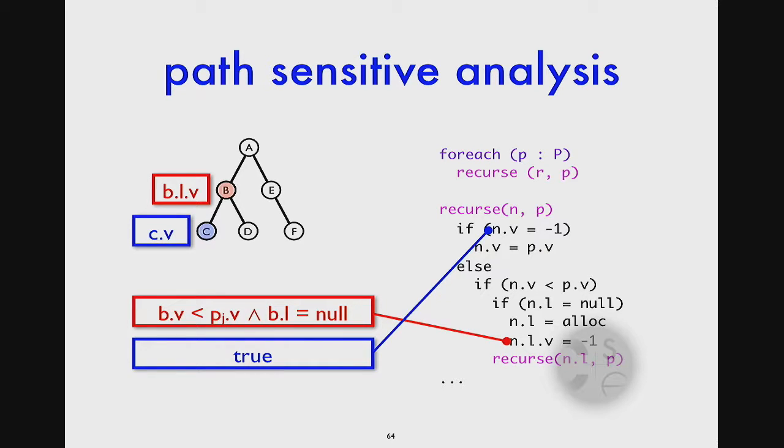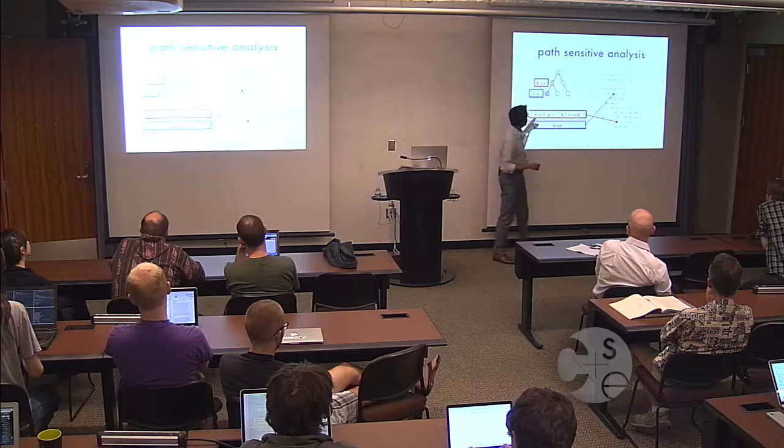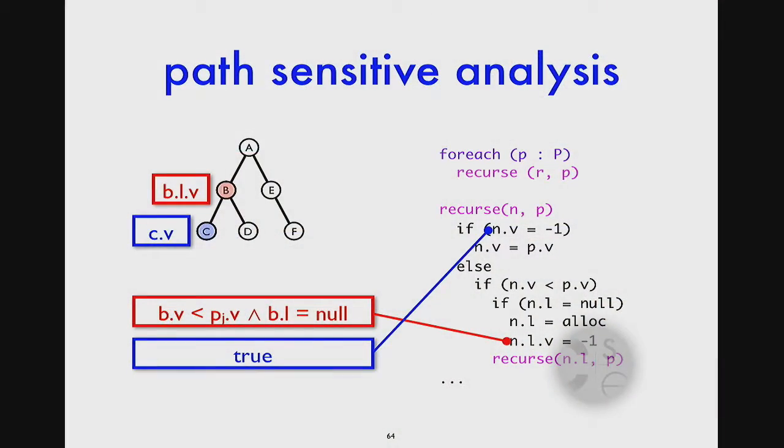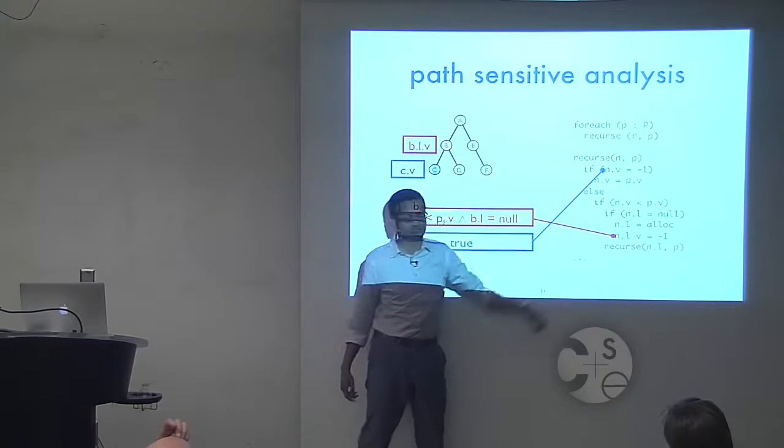But I don't always write to n.l.v. I write to b.l.v when b.v is less than pj.v and b.l is equal to null. If I look at the conditions here, that access only happens sometimes, not all the time.